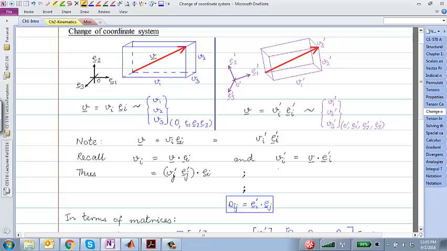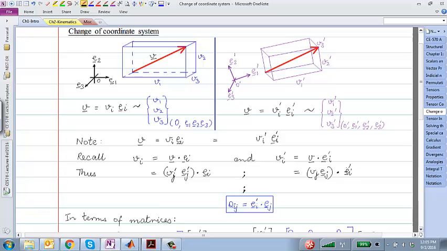So same thing I'll do on the right hand side with the other basis. I'll write it as vj ej. I'm sorry, I also missed a prime here. So that, no, actually I didn't. So this would be ei prime.